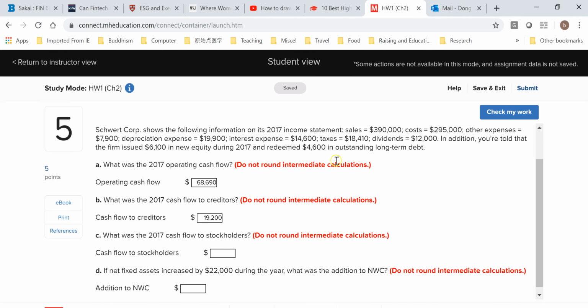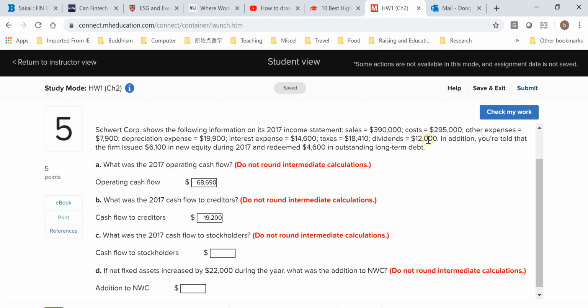So let's check whether we have the information available here. So you are told that the firm issued 6,100 in new equity during 2017. So that's basically my net issuance of new equity for stockholders.